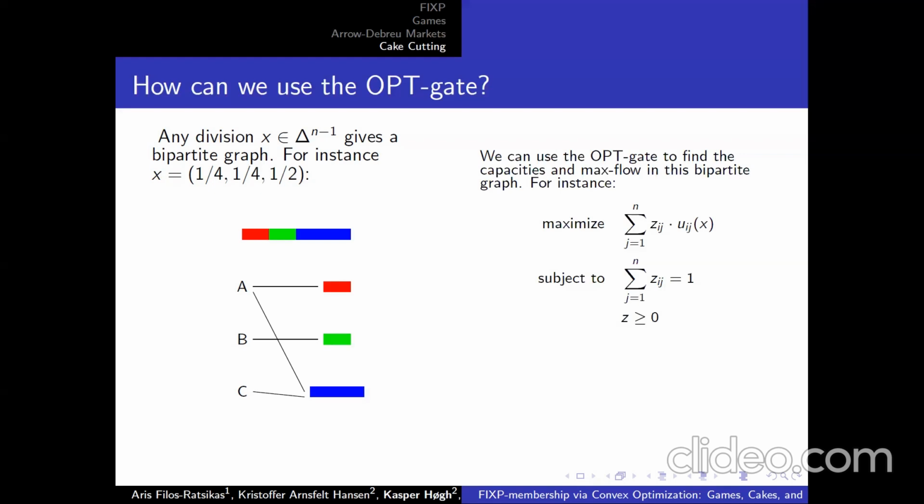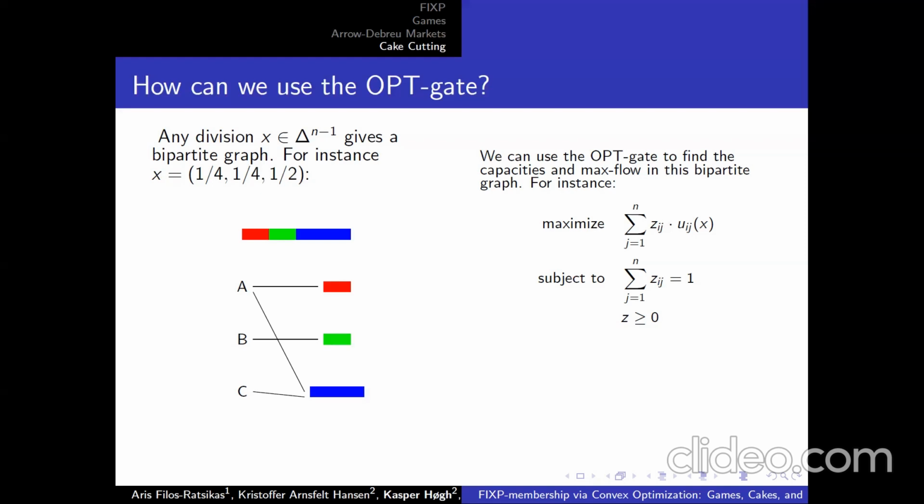And then the last part of the domain is the flow on all these edges. So in a fixed point, we want the capacity to only be larger than 0 on the edges that should actually be there. So there should be some capacity on the edges from A to the red one and A to the blue one, but not from A to the green one.